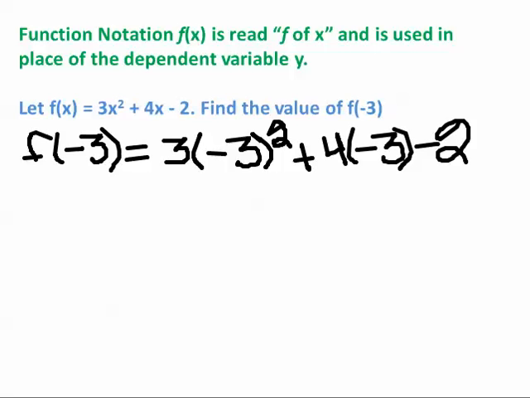You're going to do your exponents first. You have negative 3 squared is going to give you 9. So you have 3 times 9. I have a positive 4 times a negative 3, which is going to give me negative 12. And then I still have this negative 2.